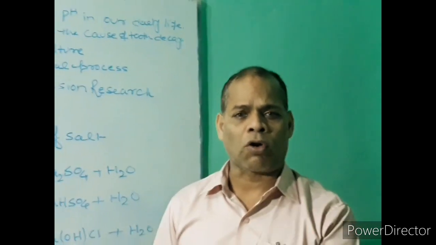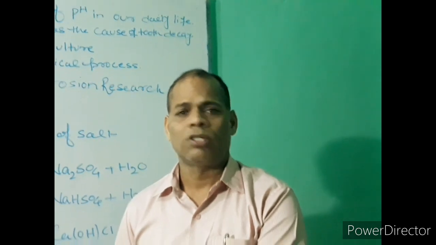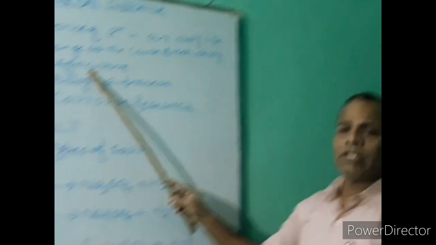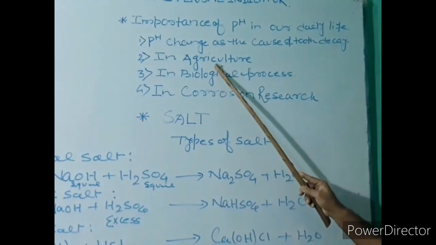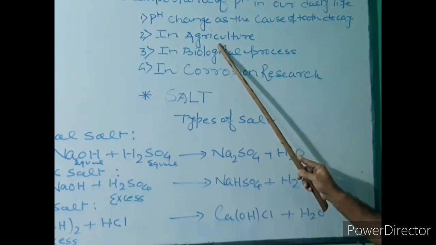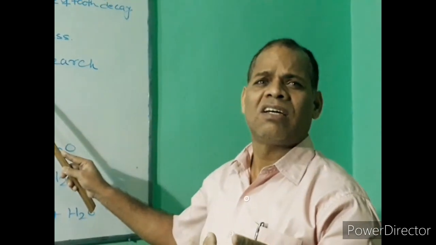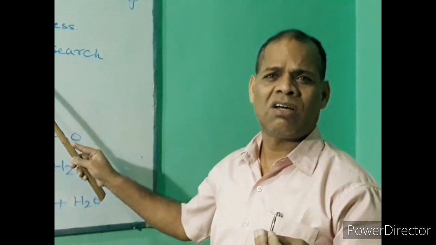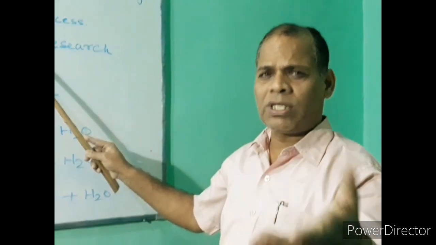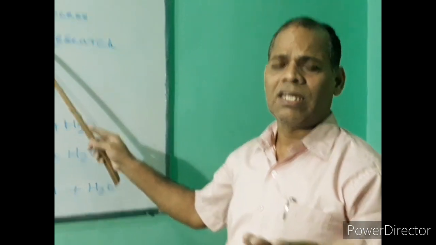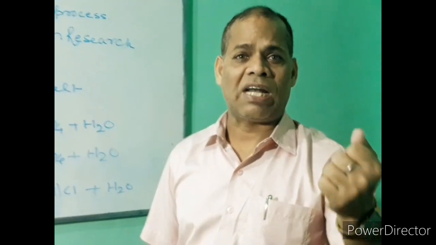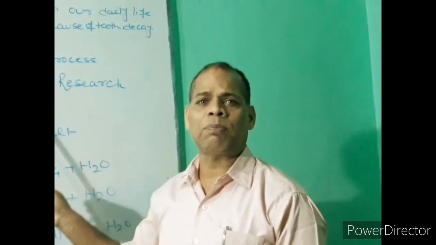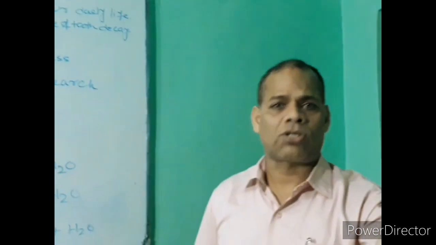Sometimes due to acidic rain, the soil becomes too acidic. When we know that the soil's pH is acidic, then we add a calculated amount of slaked lime or lime, so that the pH of that soil can be controlled.